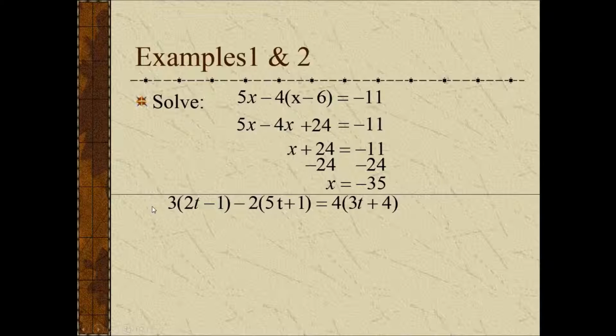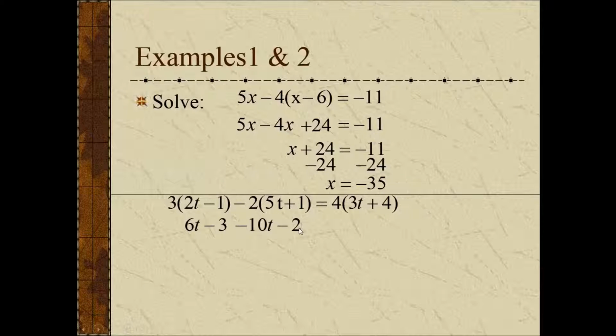Let's go on to this next example. We've got 3 times a quantity minus 2 times a quantity equals 4 times a quantity. Looks like there's lots of simplifying to do on the left, a little bit of simplifying to do on the right. So let's start distributing. 3 times this parentheses gives us 6t minus 3. Remember, this is a negative 2 distributing into here. We'll get negative 10t minus 2.